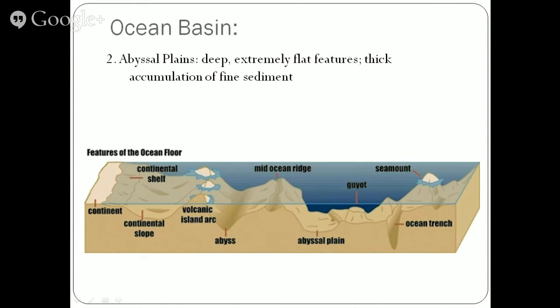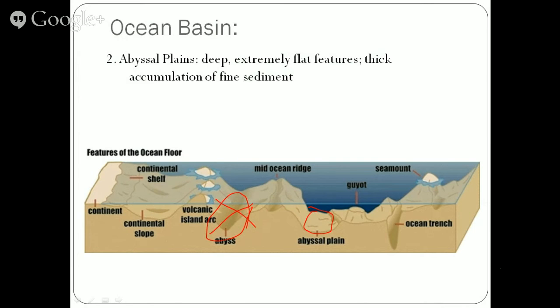Eventually, as that water slows down, it begins to sink to the bottom. And your abyssal plains usually find the majority of that sediment settling on them. Very flat areas. That's the abyssal plain. First one's wrong. My bad.